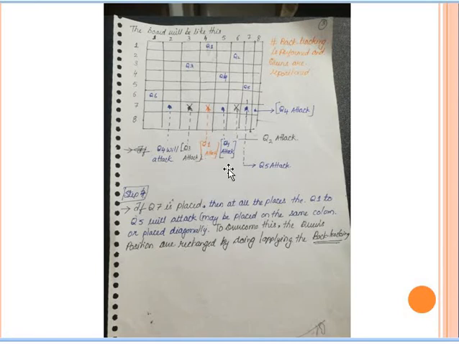Next we have to finalize the position of queen 7. If queen 7 is placed, then at all the places it is attacked by queens 1 to 5. Whenever we get an attacking position, we backtrack.